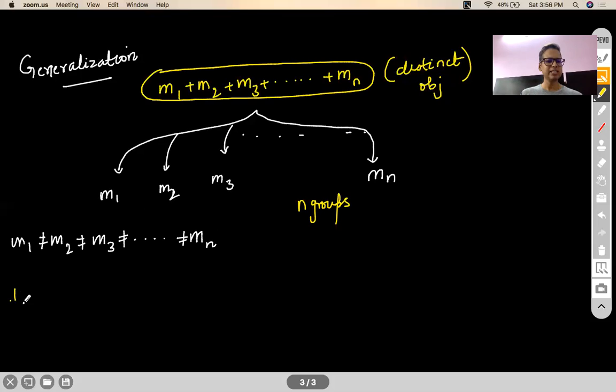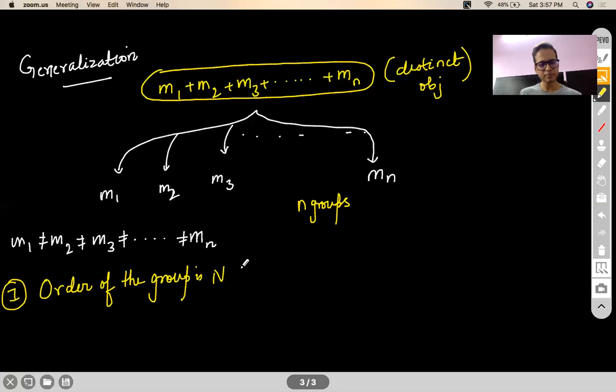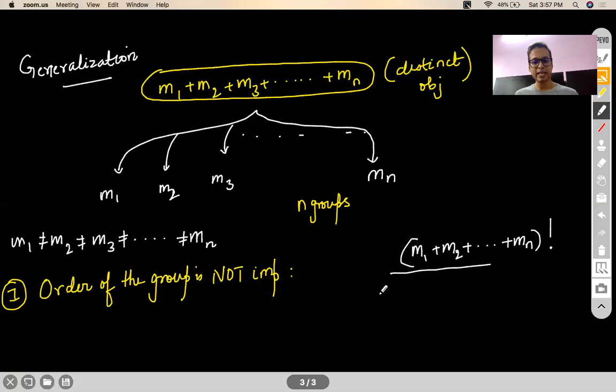So if the order of the groups is not important, then the total number of ways to do it would be (M1 plus M2 till Mn) whole factorial by M1 factorial, M2 factorial, all the way till Mn factorial. Please make a note of this.